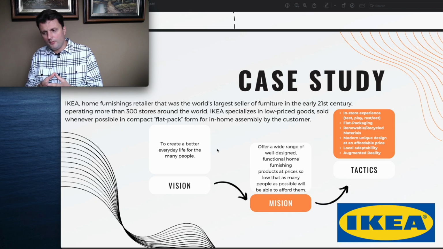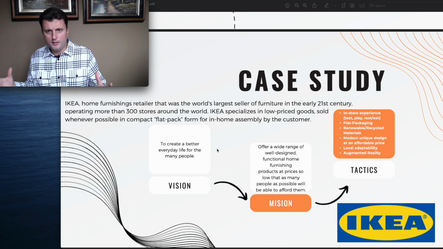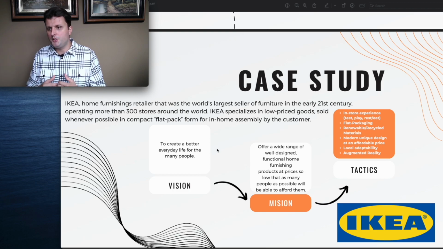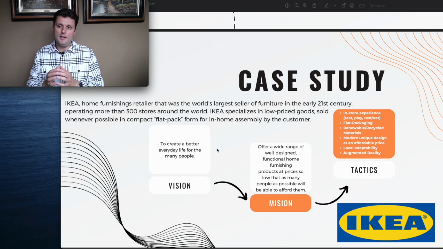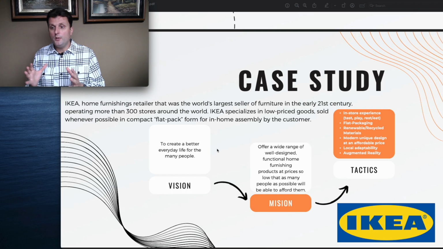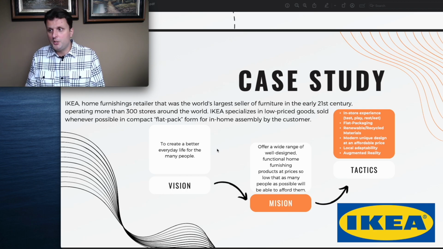There are a lot of retailers and producers out there selling furniture, but what will make you stick with IKEA are some of the tactics that they use in order to differentiate themselves and are highly representative of their corporate strategy, which is representative of their vision and their mission.